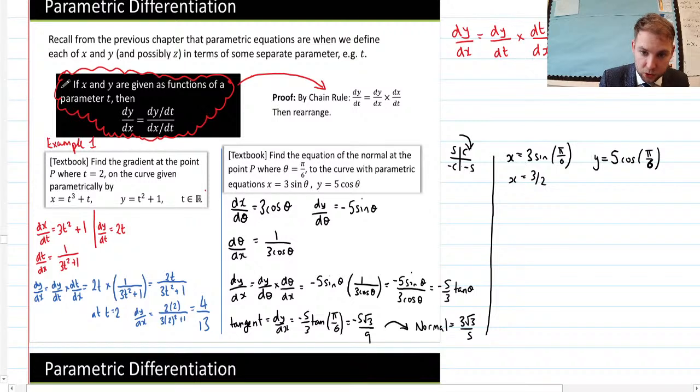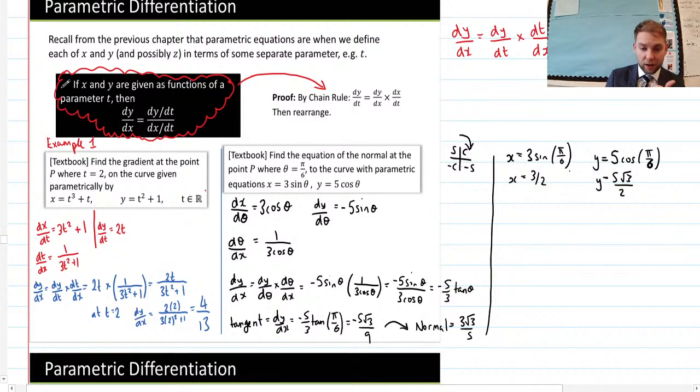So that's equal to 5 root 3 over 2. So y is equal to 5 root 3 over 2.